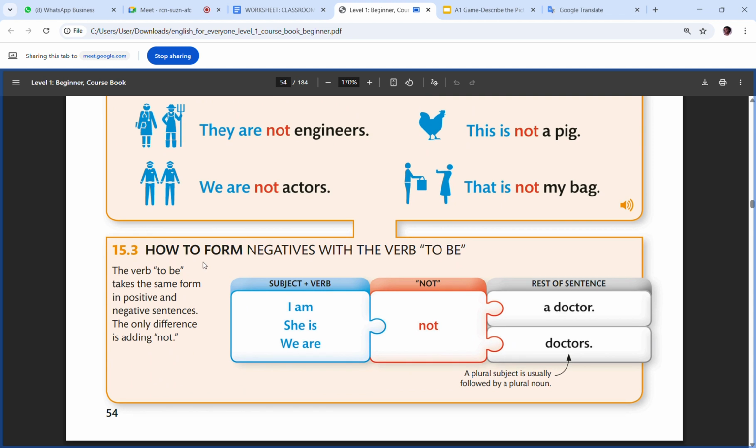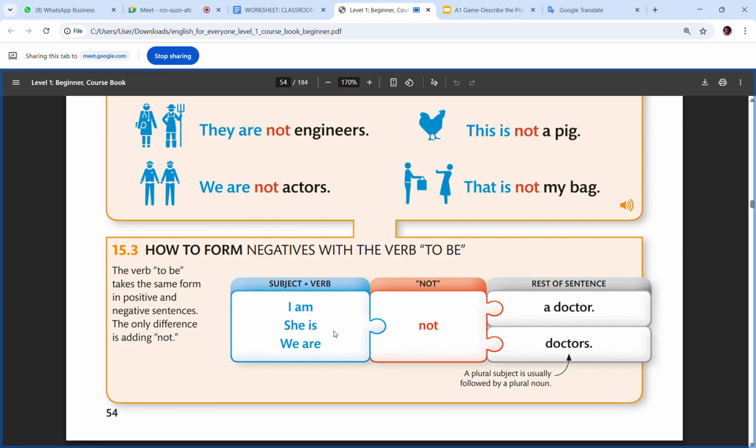Okay, now let's look at the grammar rules on how to form negative sentences with the verb to be. So, I am not a doctor.